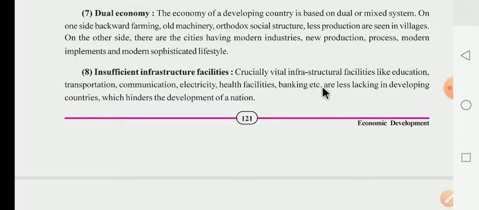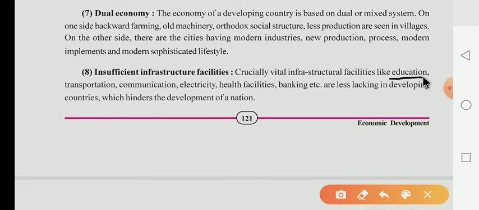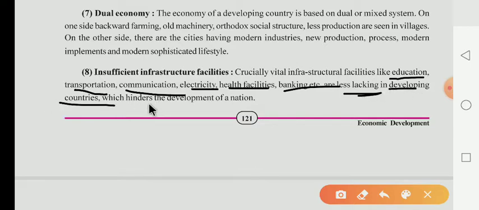In developing nations you have to see that education, transportation, communication, electricity, healthcare facilities and the banking sector are all lacking. And this is a kind of hindrance to the development of the nation. What is the meaning of hindrance? Hindrance means badha dalna. You can say in Hindi, rukavat paida karna.